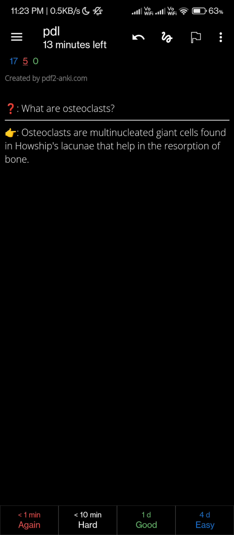They are multinucleated giant cells found in Howship's lacunae that help in the resorption of bone.